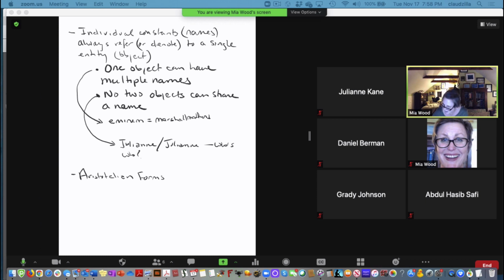Okay, so we've got the universal affirmative, right? For every x, if x is S, so subject class, then x is P. So for every x, if x is S, then x is P. Universal negative.